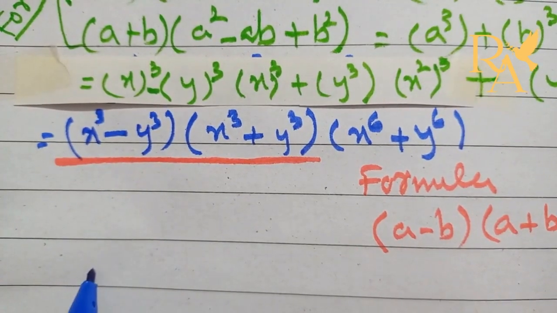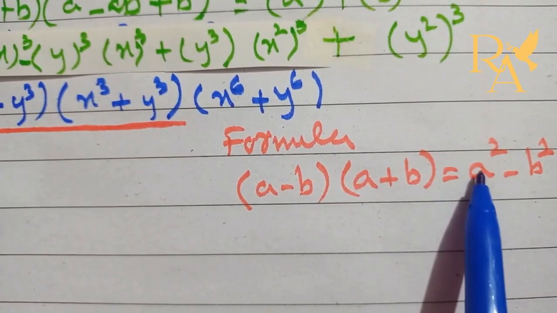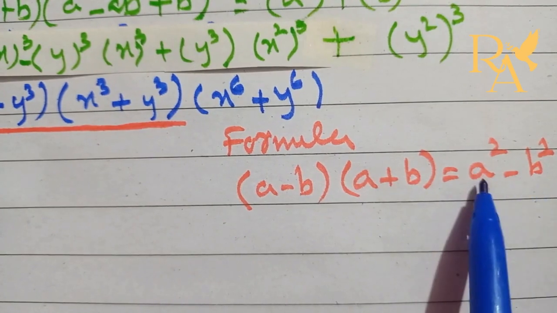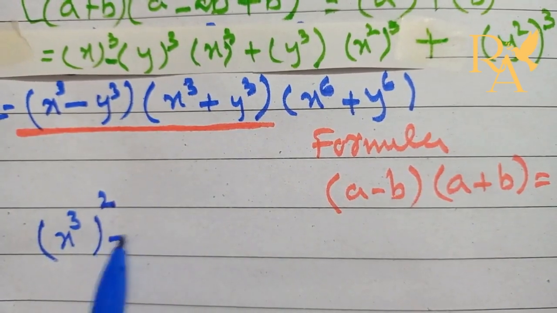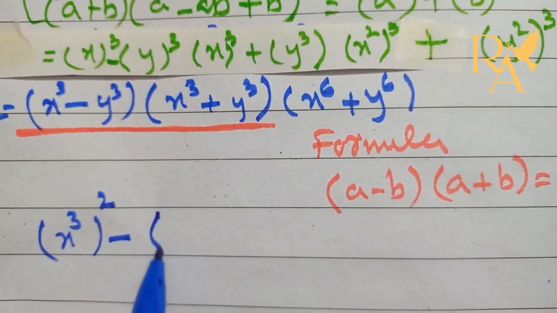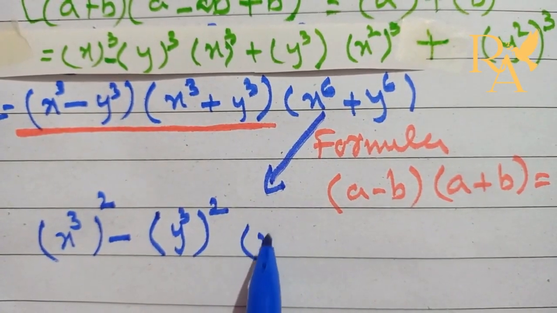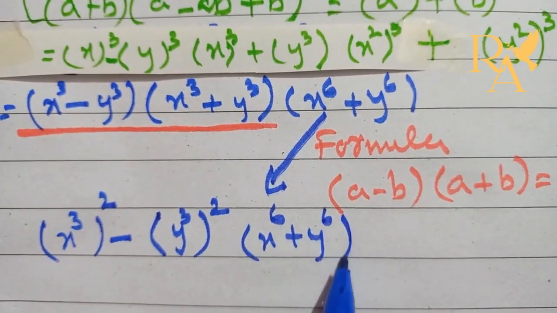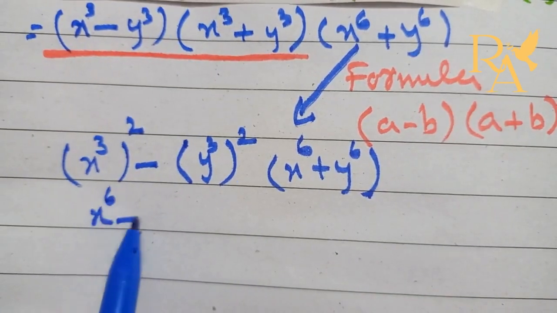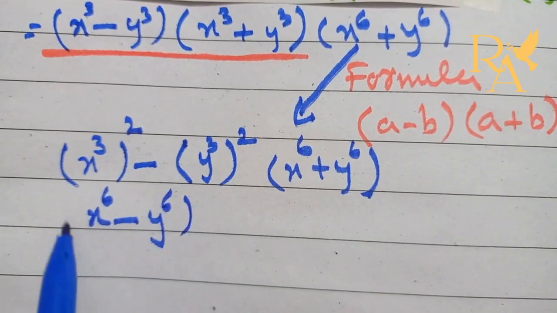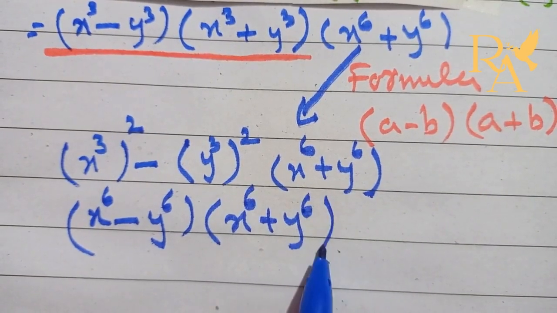So we can write x cube whole square minus y cube whole square, keeping this equation same, x power 6 plus y power 6. So here is x power 3 to the 6 minus y power 3 to the 6, and keeping this equation same, x power 6 plus y power 6.